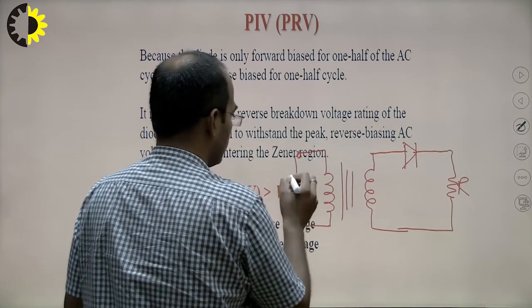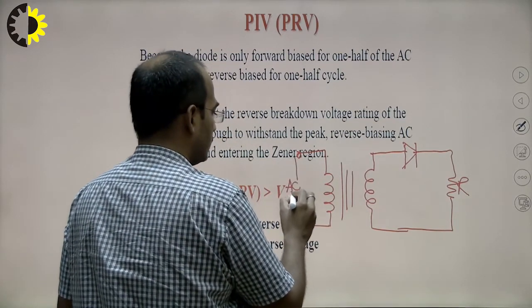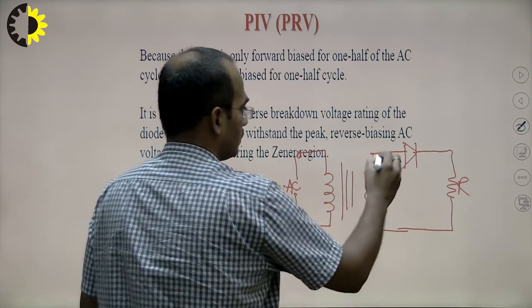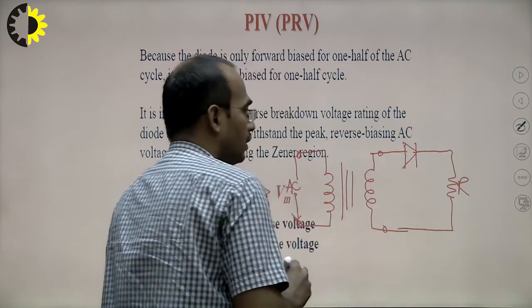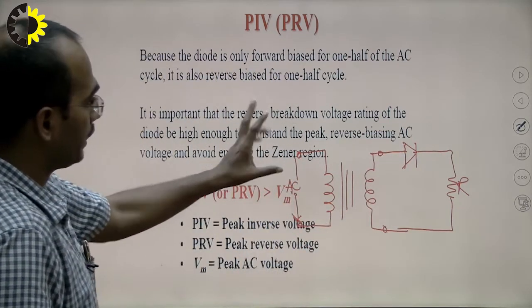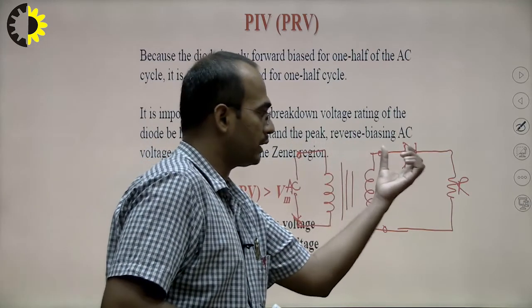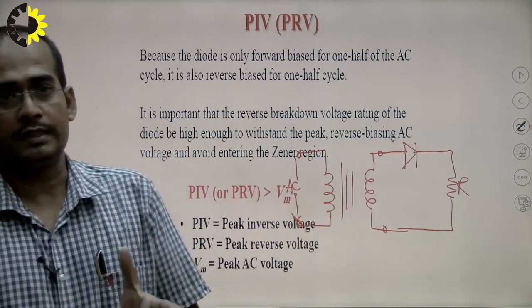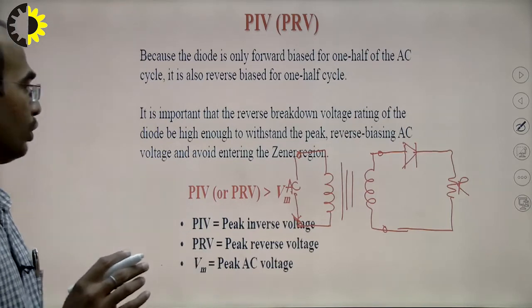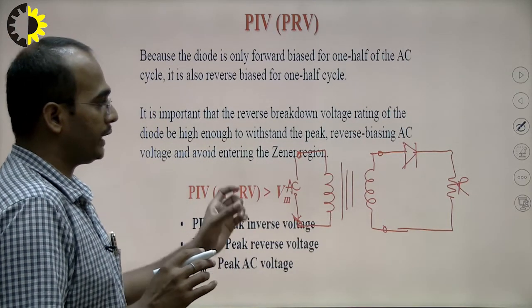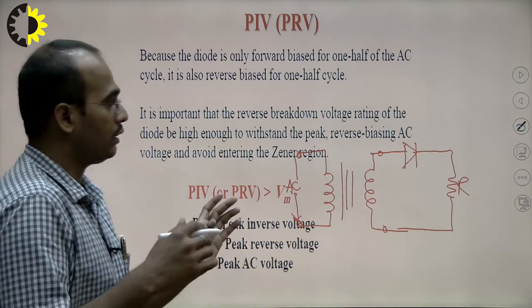That was the AC signal, so here I have applied the input. When the diode is in non-conducting state, you have to find the voltage across the diode. The definition says that peak inverse voltage is the maximum voltage across the diode when the diode is in non-conducting state.